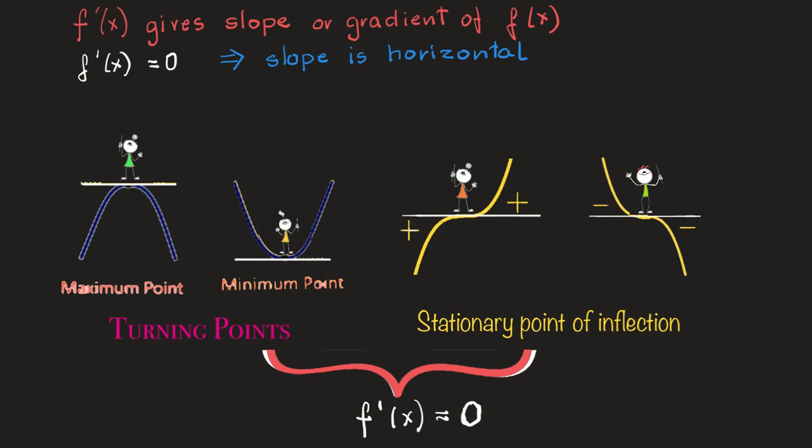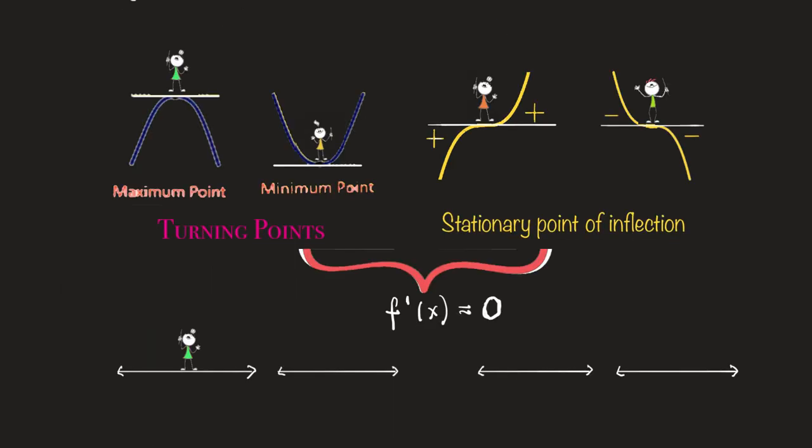And the sign diagram at these points would look like this. At the maximum point, where our stickman is standing, the left-hand side would be positive because the slope here is a positive slope, and the right-hand side would be negative because the slope there is negative.